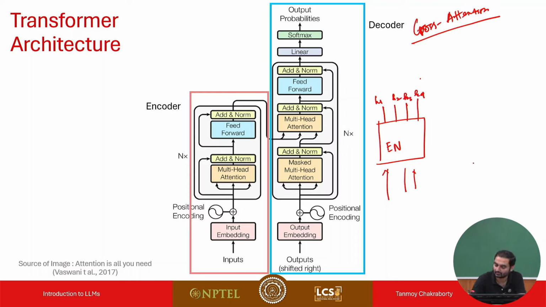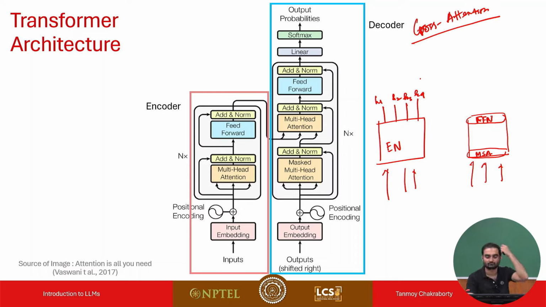And this is my decoder block. In the decoder block, what is the first component? The first component is masked self attention, right? And we also discussed the feed forward network, FFN. And all these attentions are multi-headed.